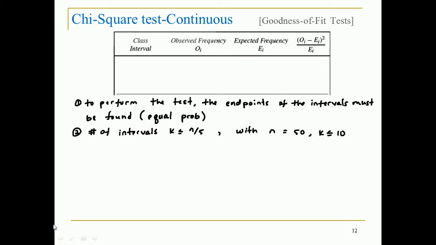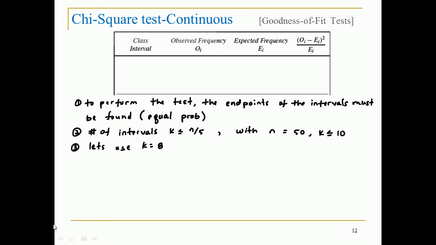For this case, and again, this is going to be decided by the modeler, let's use k equals 8.